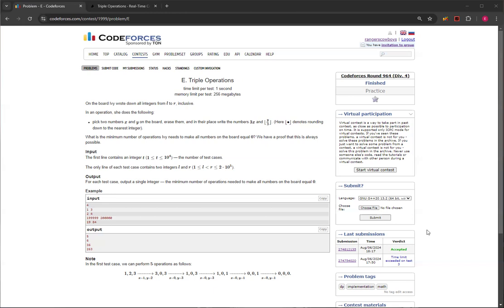And something you might notice. We'll first go through the first example, 1 3. If we floor divide 1 by 3, it'll be equal to 0. Then say we multiply the 2 by 3, then it'll become 6. And then we divide the 6 by 3.